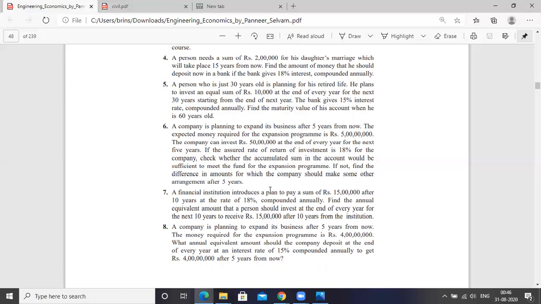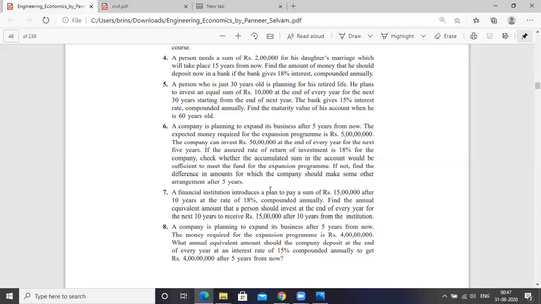Okay. So here, they have given that the financial institution introduces a plan to pay a sum of 15 lakhs. So the total amount is 15 lakhs. The period is 10 years, and the interest rate is 18 percent compounded annually.